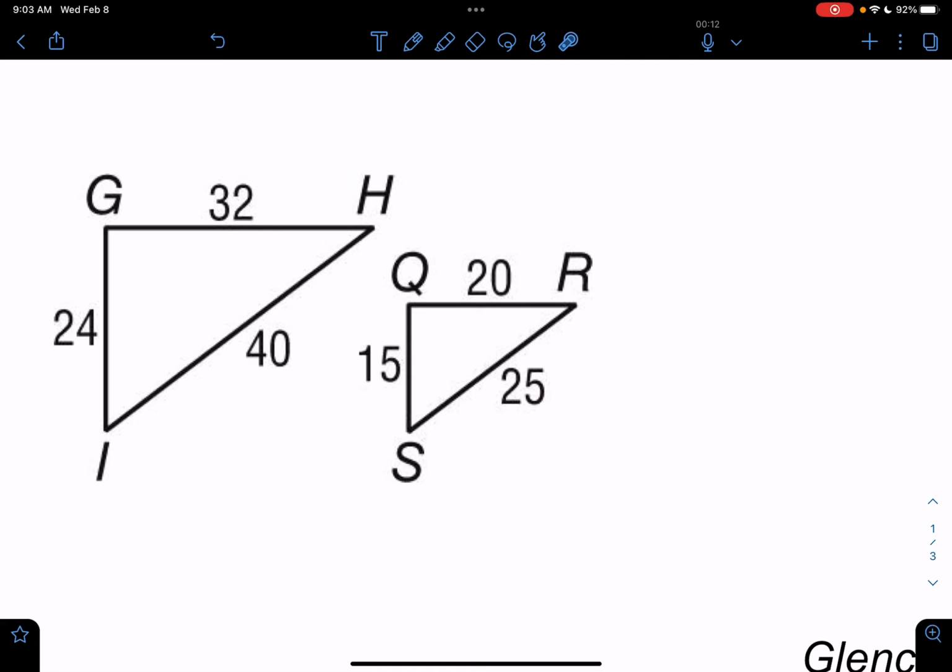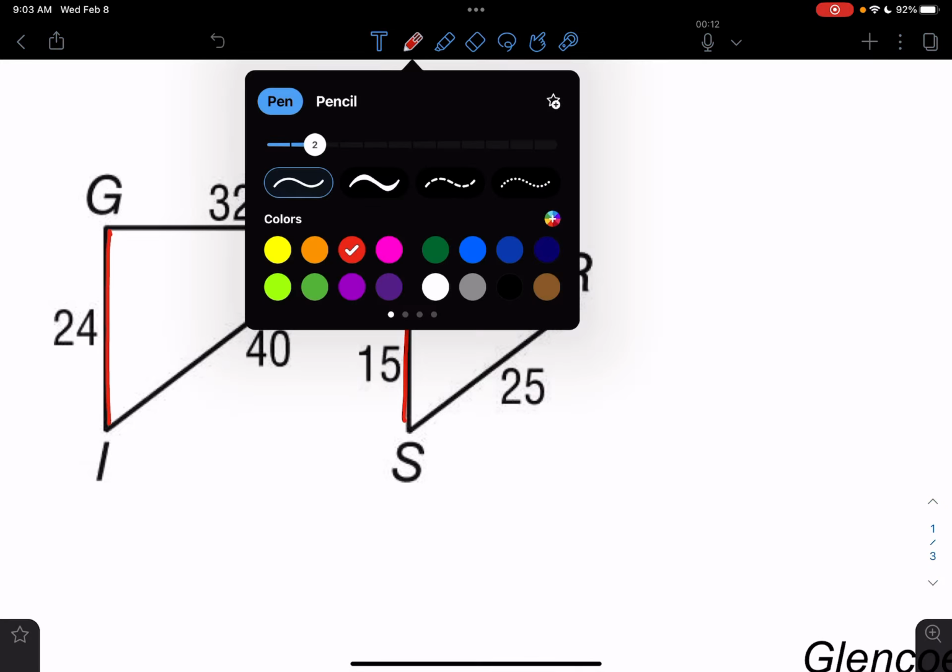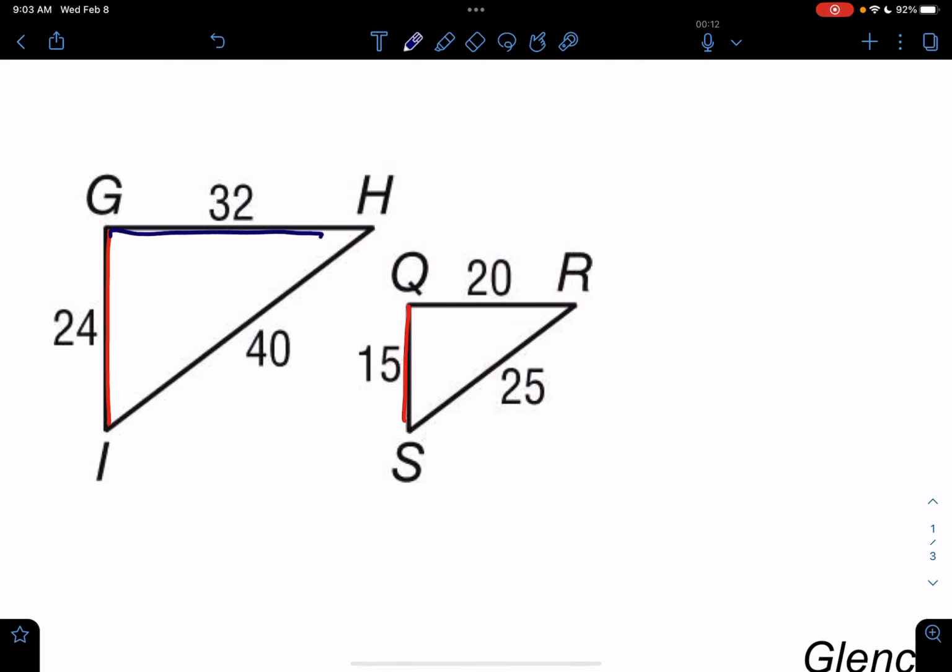I will say short, medium, large, short, medium, large. So let's do that: short to short, medium to medium, and then large to large.